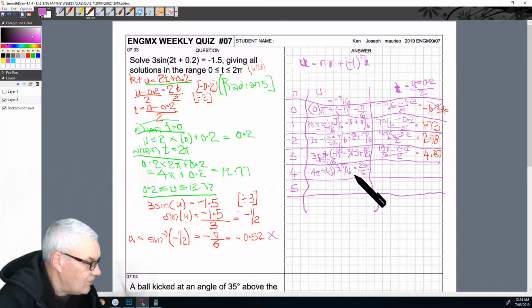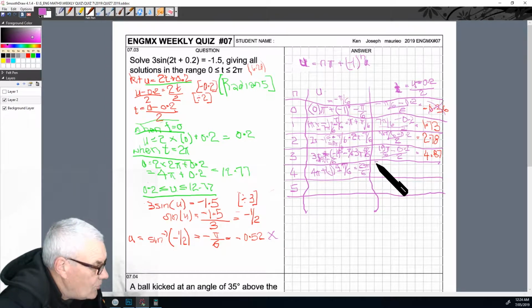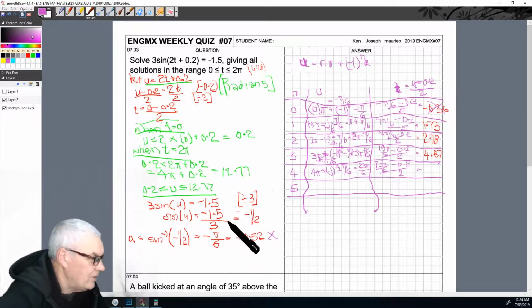Pi by 6. So then we've got 23 pi by 6 minus 0.2 all over 2. So that's 23. So we can see a pattern here.